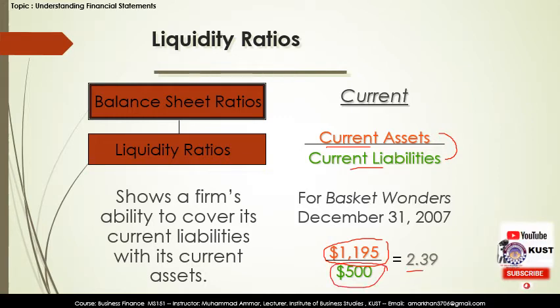So we get 2.39. So what does 2.39 show? It shows a firm's ability to cover its current liabilities with its current assets.